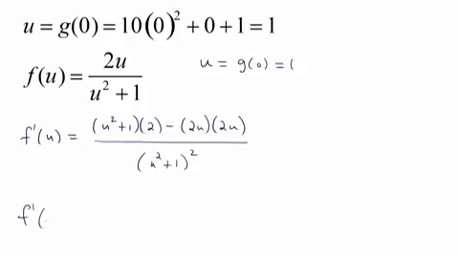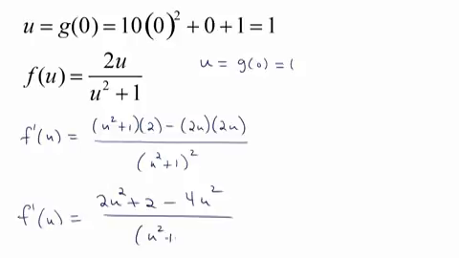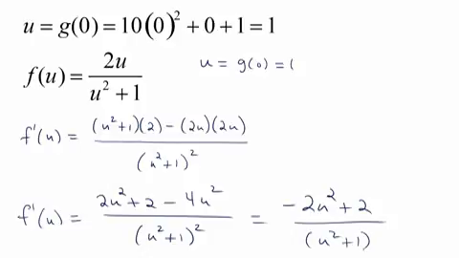Now let's simplify. f prime of u would equal, in the numerator, 2 times the quantity u squared plus 1 would be 2u squared plus 2, minus 2u times 2u, 4u squared, over the denominator squared. So I have u squared plus 1, the quantity squared. And this would equal, in the numerator, negative 2u squared plus 2 over u squared plus 1, the quantity squared.